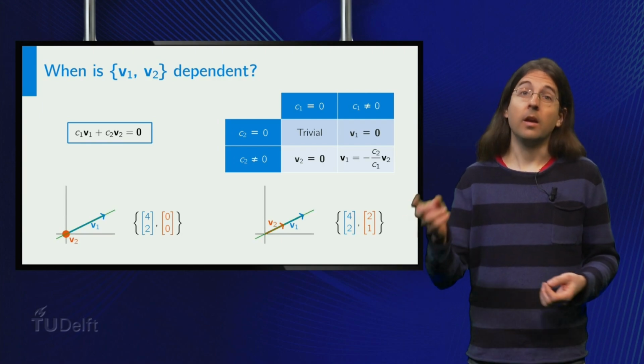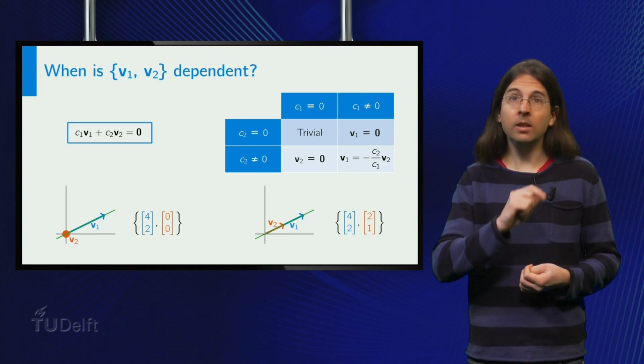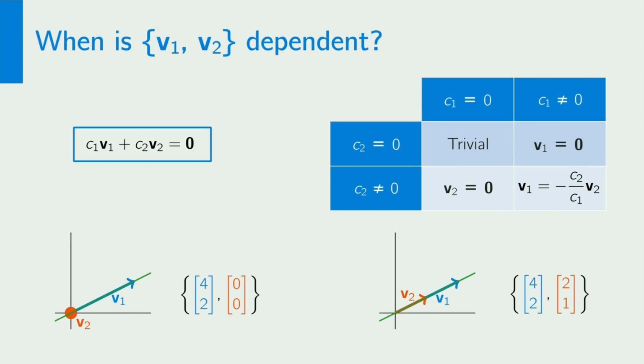Anyway, in all cases, two vectors are dependent only if they lie on a single line. And vice versa, if two vectors lie on a single line, then either one of them is the 0 vector, which lies on all lines, or both are multiples of each other, so they are dependent.